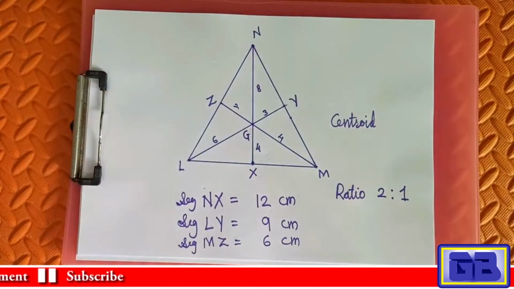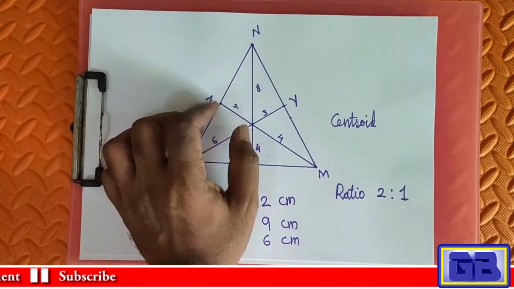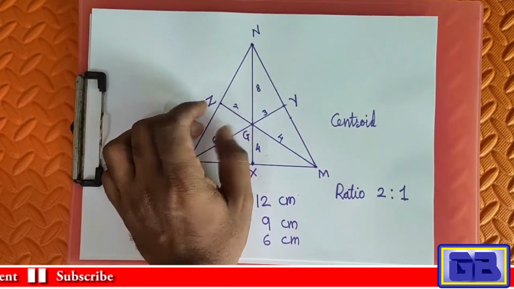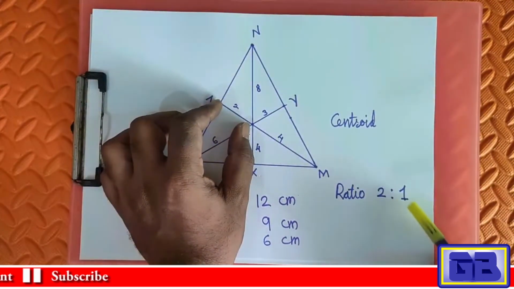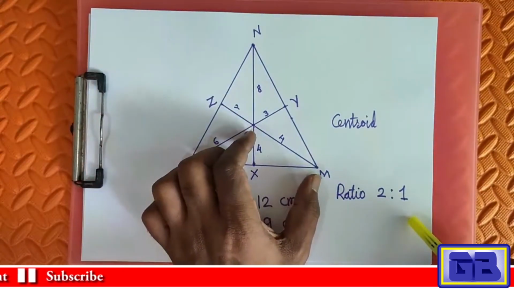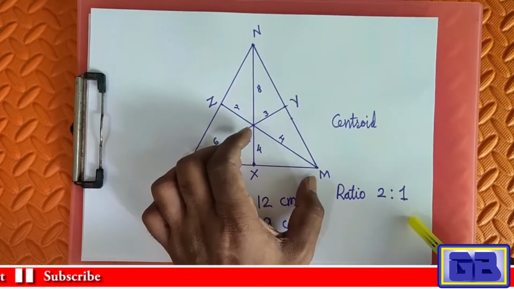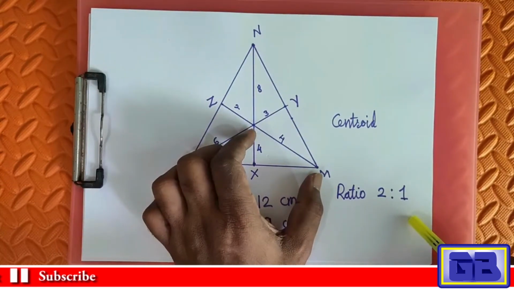2:1. Now, take another example for the median. Suppose the smaller part will be 10 centimeter. It means in place of 1, if I write here 10, then what will be the distance or measurement of this part? You have to take double, 2 times.